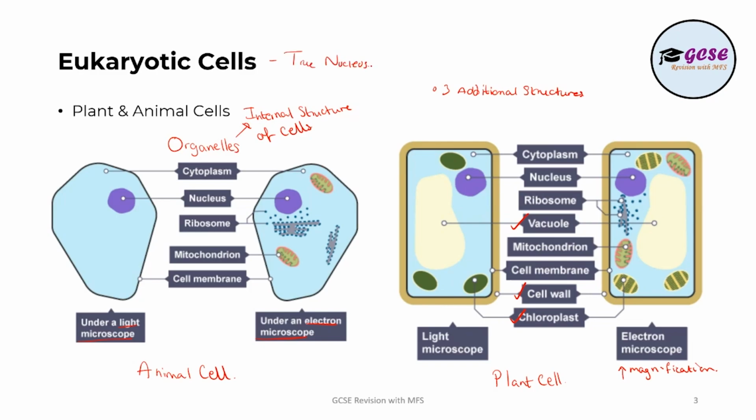What that means is that the DNA is enclosed inside the nucleus. In prokaryotic cells, the DNA exists as a loop inside the cytoplasm. It doesn't have a nucleus. So eukaryotic cells have the nucleus and the DNA is enclosed inside it.